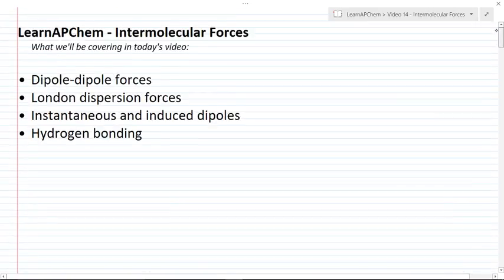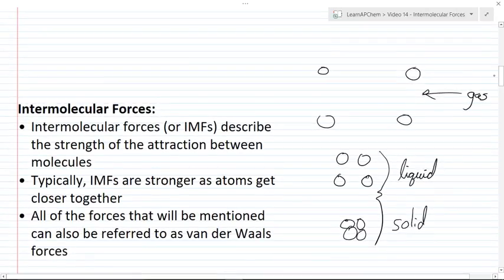Alright, we also talked about IMFs. So we said that they're stronger as atoms get closer together. All of these forces that are mentioned in the video are also called van der Waals forces.